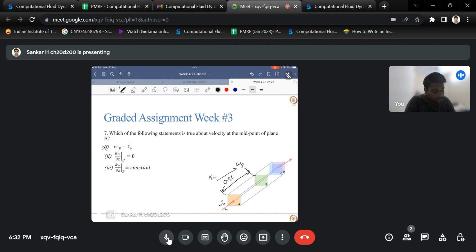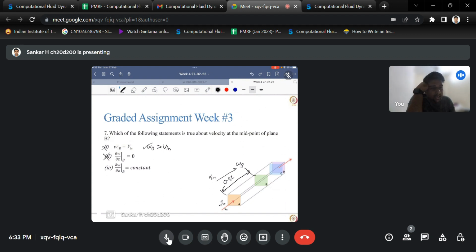On the portal, on the Swayam website, it's actually given as W_B is greater than V_in, and that statement is true. Then, is there a gradient along the z direction at plane B, or is there no gradient? We know that in this fully developing regime, there is a gradient in the velocity, and so this statement is again false.